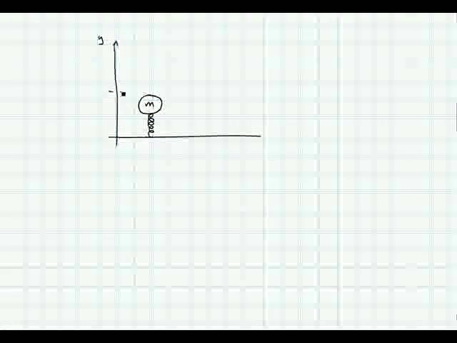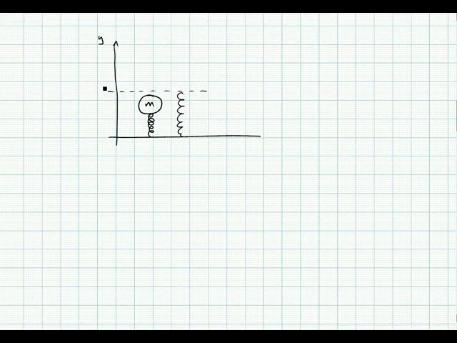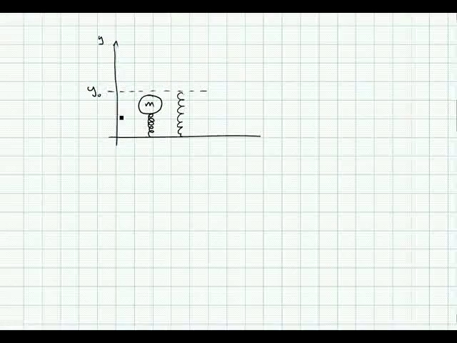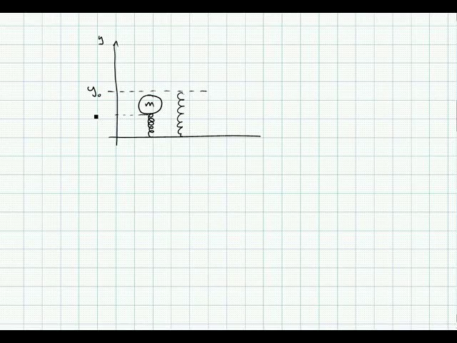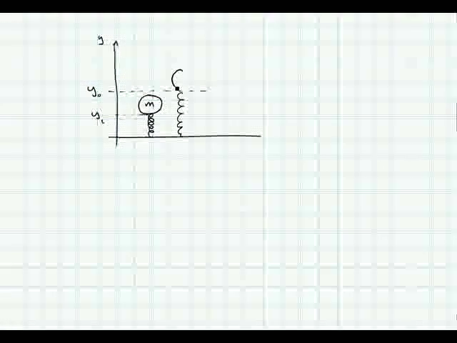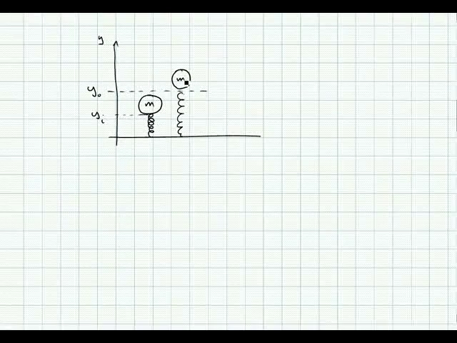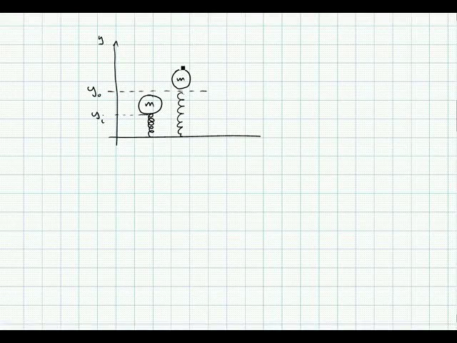So let us go ahead and note the equilibrium position for the spring. In this case that's y0, that's the equilibrium length of the spring. So the object is compressing the spring to some initial value, and then when we let go, the spring stretches to its natural length and the object is shot upwards with some final velocity.